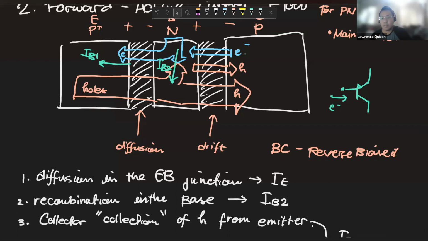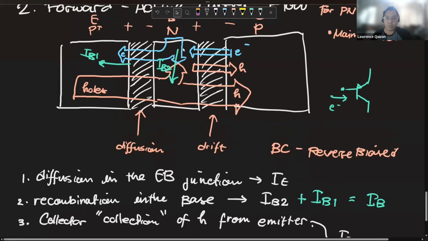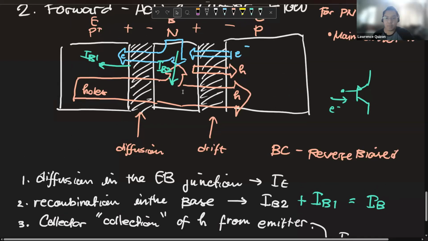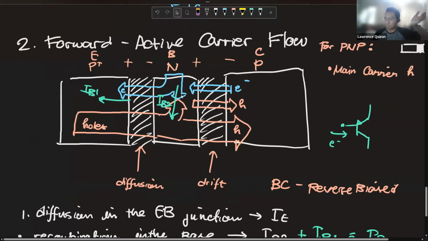So then, the IB total is IB2 plus IB1 equals IB. And now IC is equal to IE minus IB, right? Kasi it loses current in the base. So that's it for the forward active carrier flow.